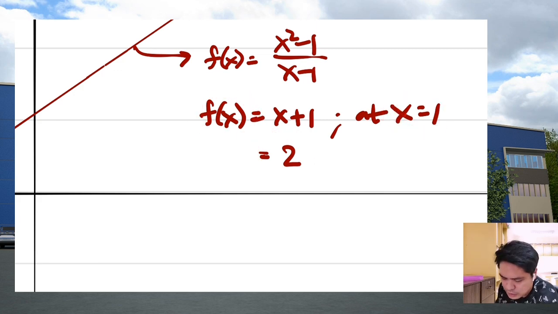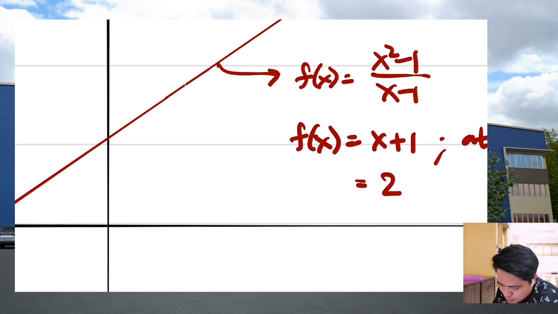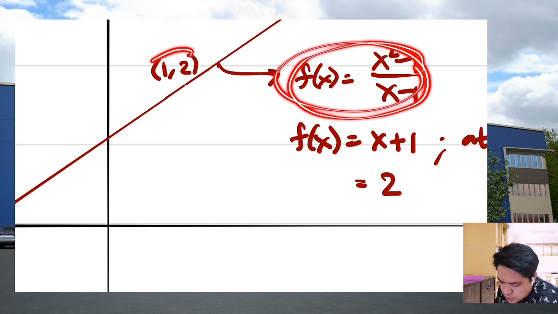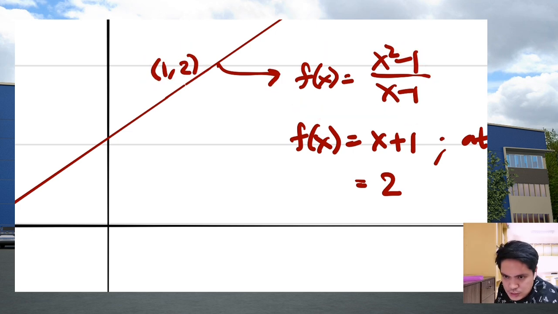So naintindihan ninyo? Ibig kong sabihin, right at this gap, ang coordinate of that gap is 1, 2. But for this function, 1, 2 does not exist. Again, for this function, 1, 2 does not exist.